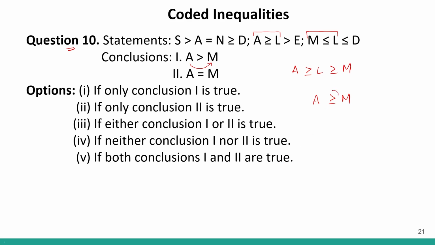Correct? And what is the meaning of this sign? I've told you already. This sign means A is either greater than or equal to M. So there are two possibilities: A could be either greater or A could be equal to M. If I look at these two options, in the first conclusion we have A is greater than M, and in the second conclusion we have A is equal to M. So basically this is an either-or case.